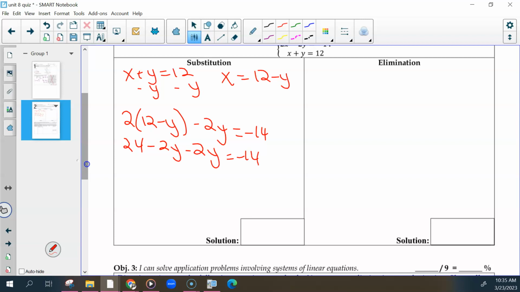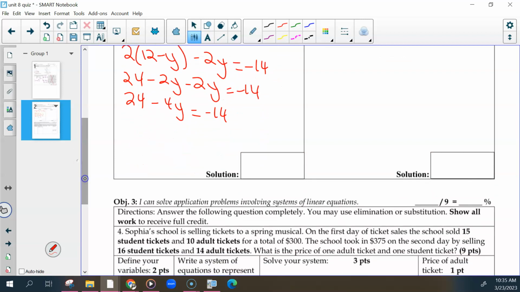And solve for y. Combine your like terms, get rid of the 24. So we subtract 24. We end up with negative 38. And then if we divide, we should get positive 9.5.